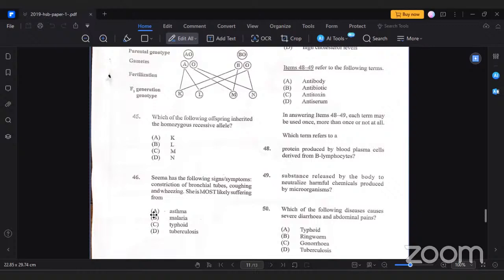Waiting for your answers for 49. Substances released by the body to neutralize harmful chemicals produced by microorganisms. Waiting for the answers for 49.